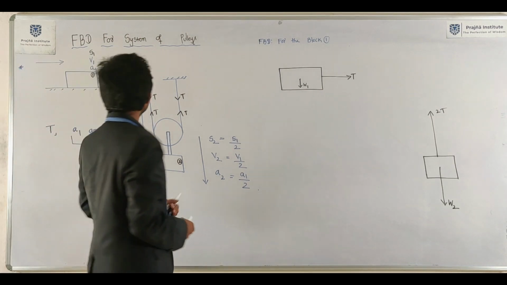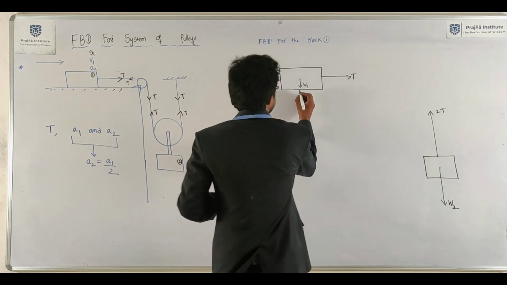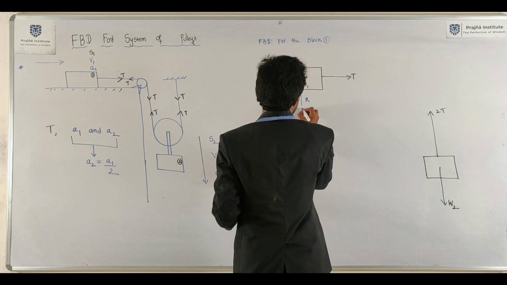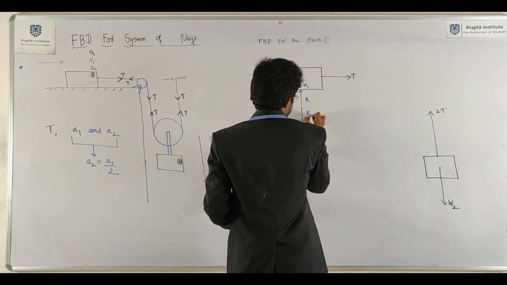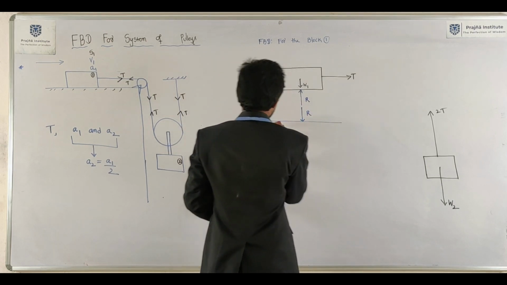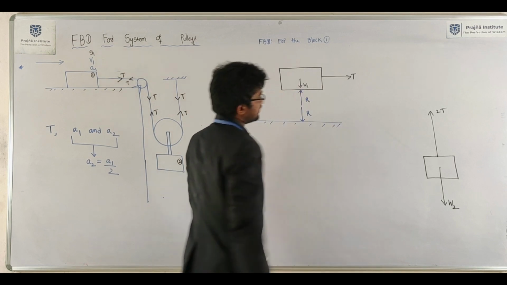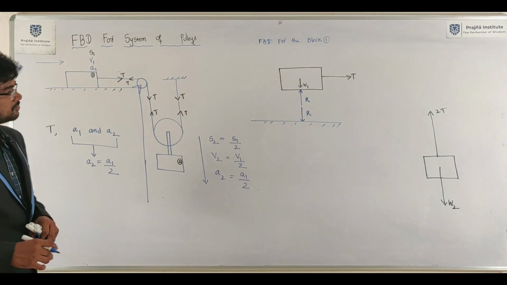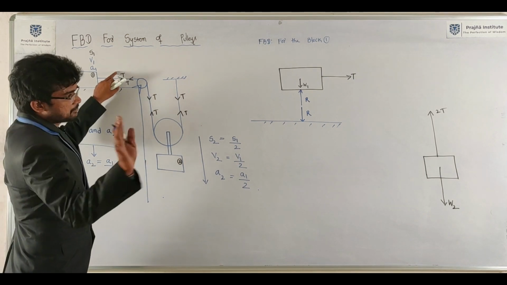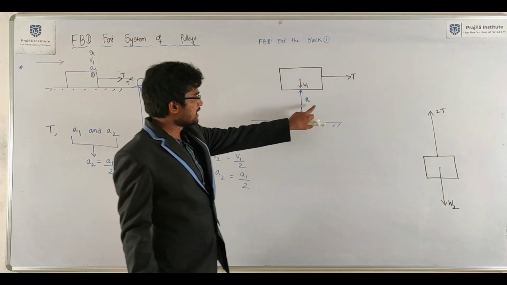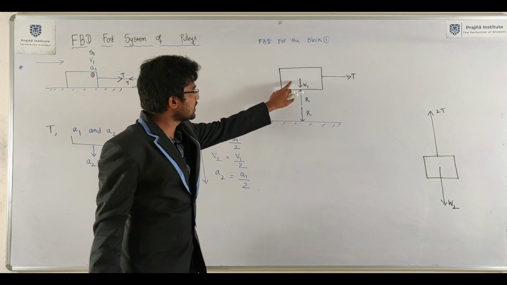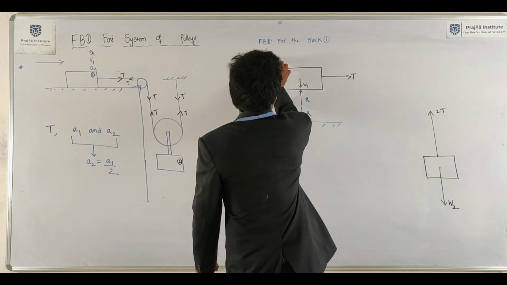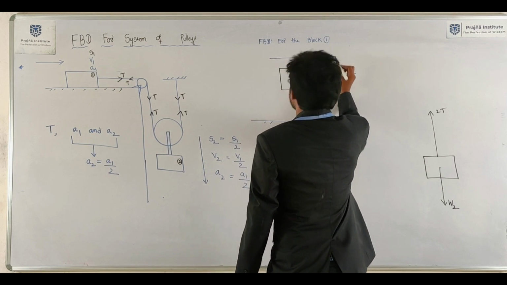Now, at every contact surface there is normal reaction R. Tension is over, normal reaction is over, weight is over. Now, this is the direction of A1.